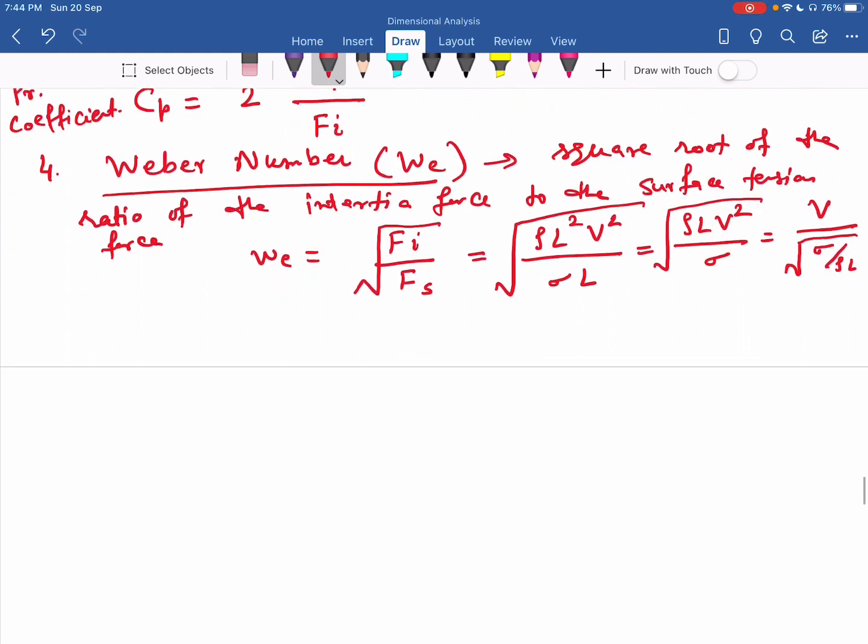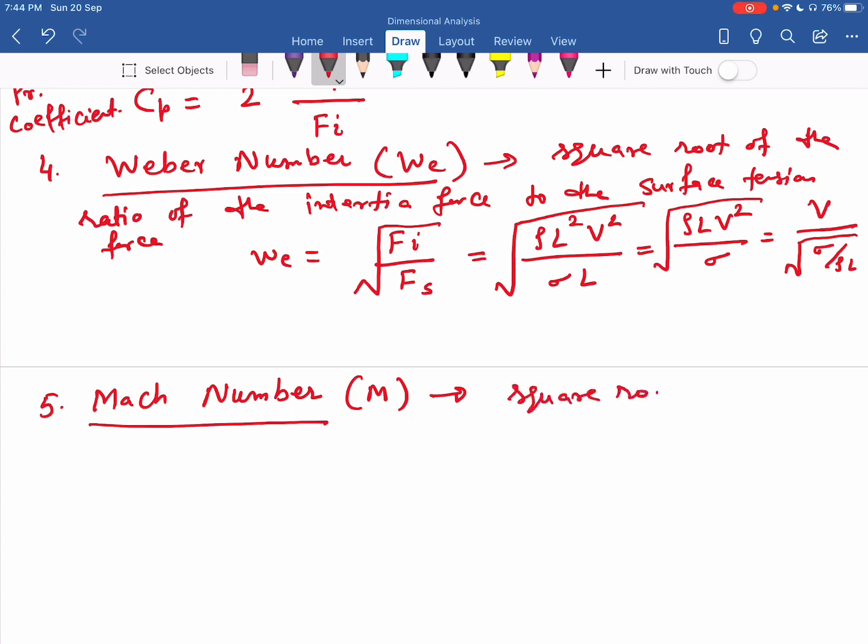And the last dimensionless number is the Mach number. The symbol is M, and it is defined as the square root of the ratio of the inertia force to the elastic force.